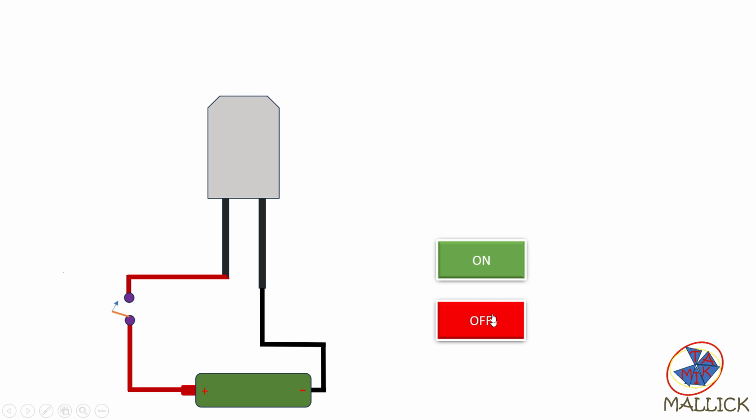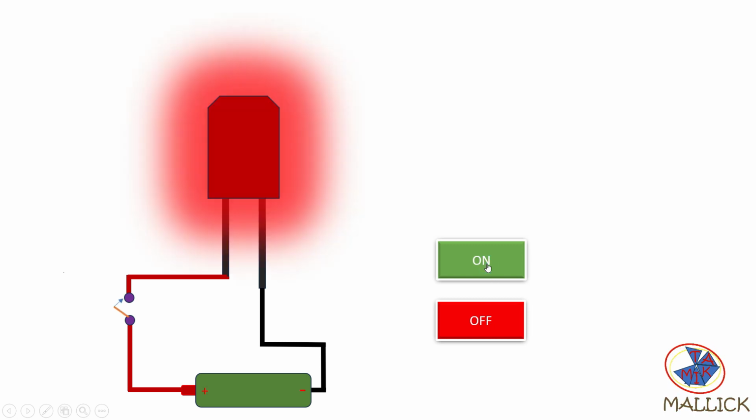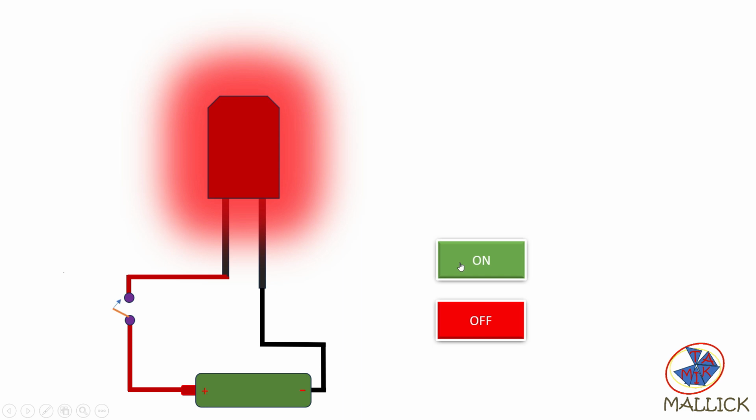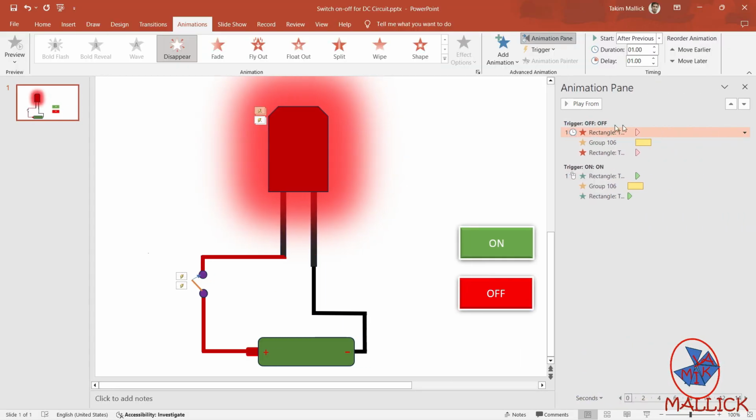Did you notice here before the disconnection of the actuator, the LED is being off, and before connecting the actuator, the LED is being off, which is not correct. So let's make it correct. Now let's see how it looks like.